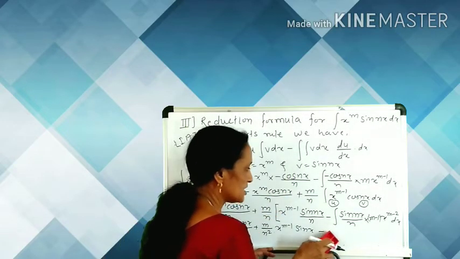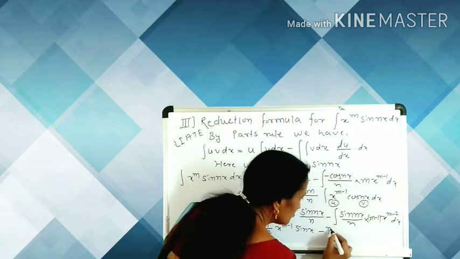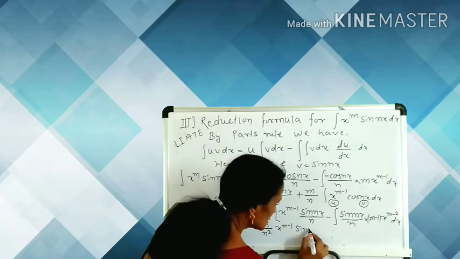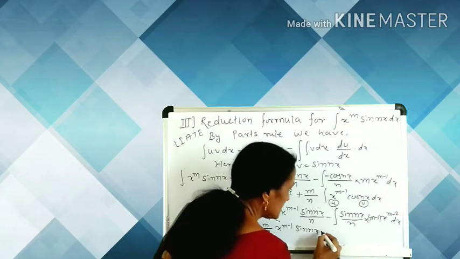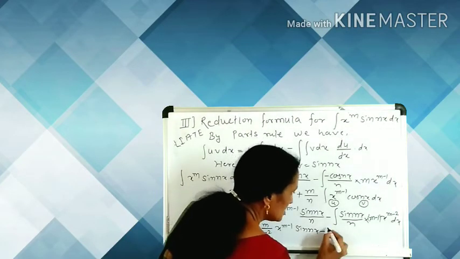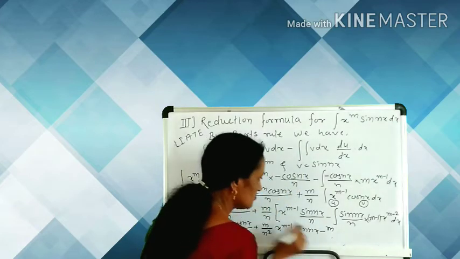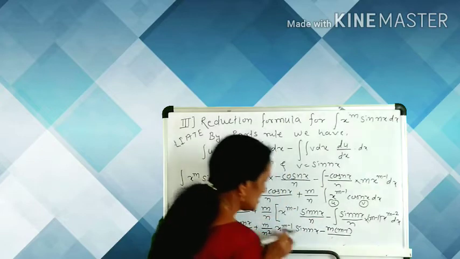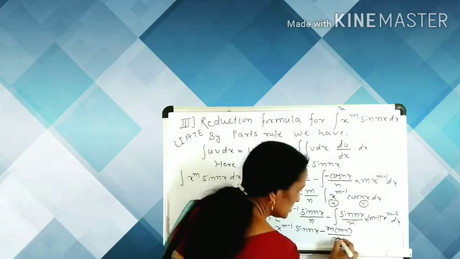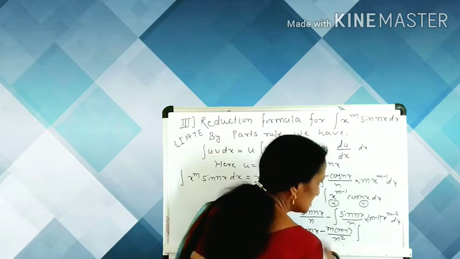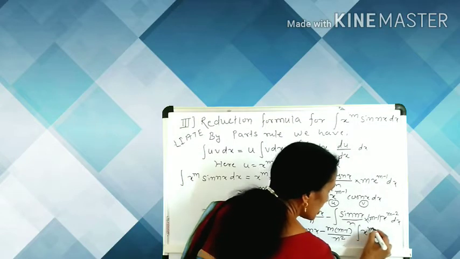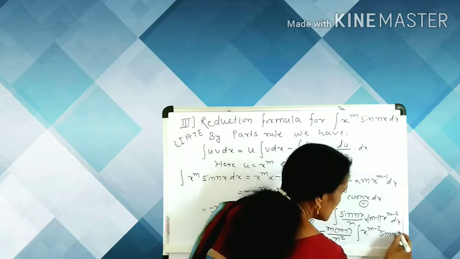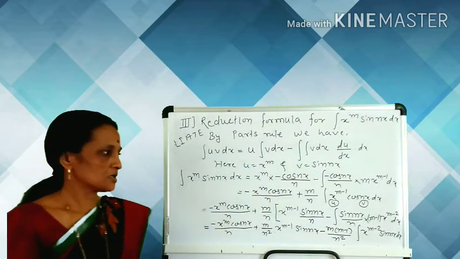So I write here m multiplied by cos nx and minus m minus 1 divided by n multiplied by n is n square, integration x raised to the power m minus 2 multiplied by sin nx into dx.